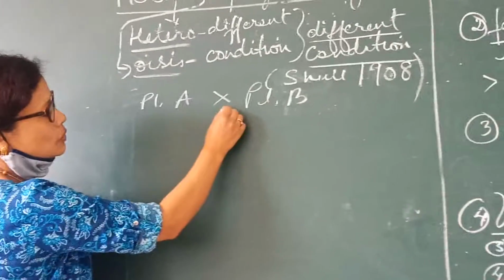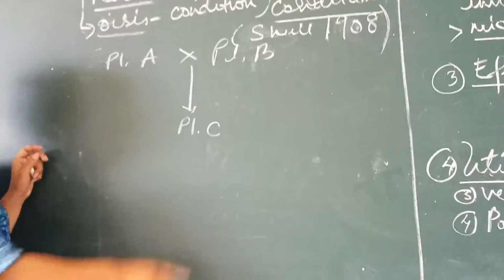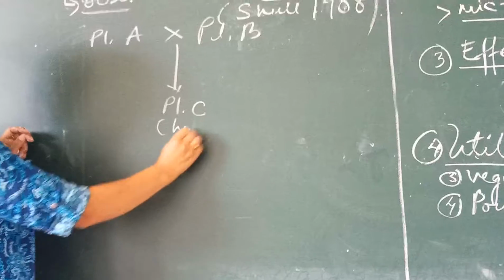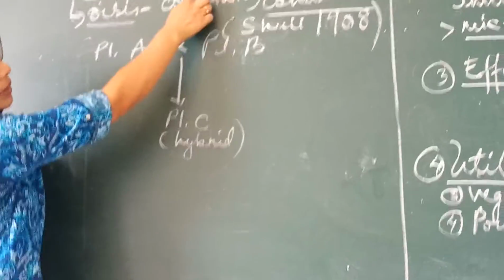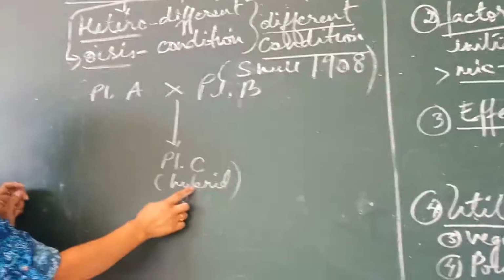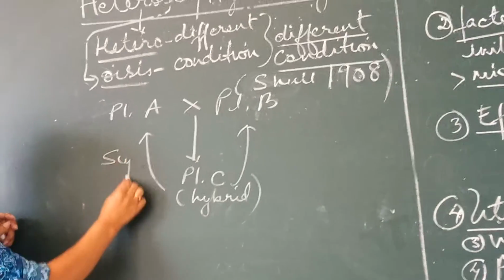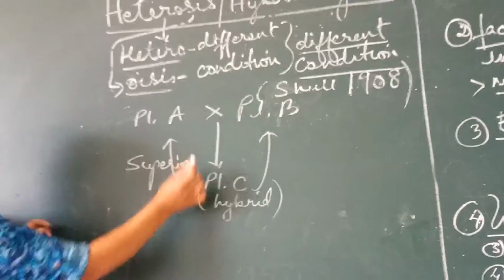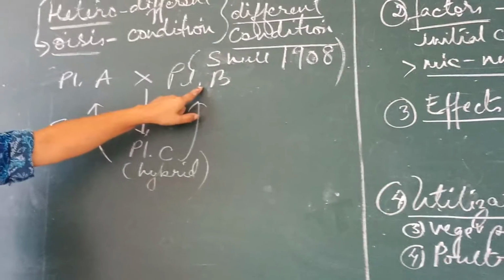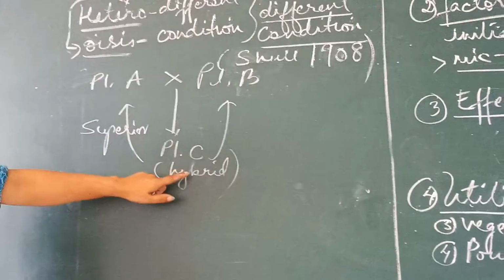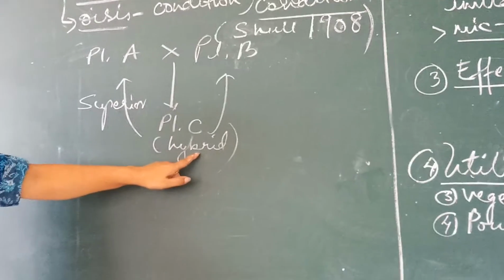When you cross these two plants, you will get a hybrid, say for example plant C. Then this hybrid becomes a different condition if this hybrid is superior to either the parent A or to the parent B.